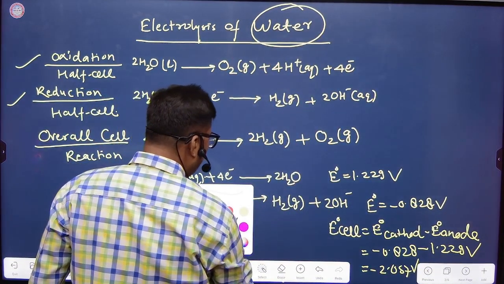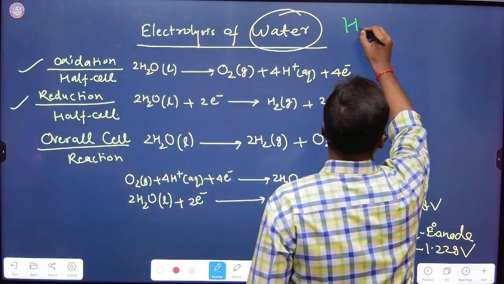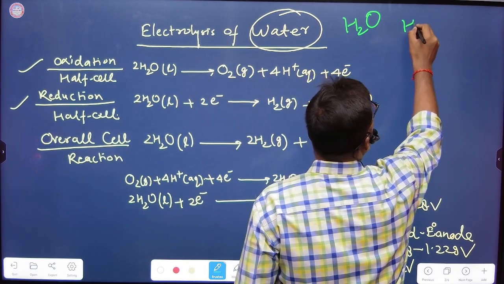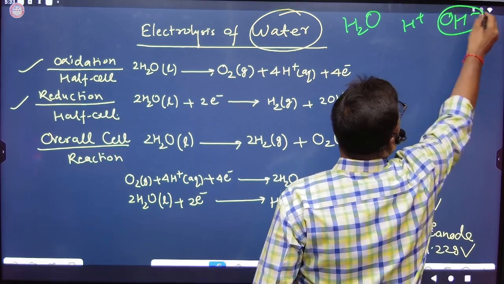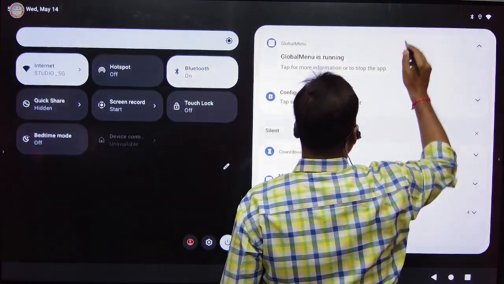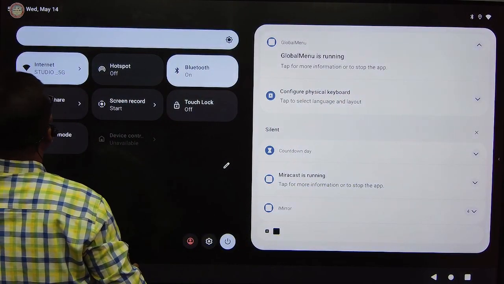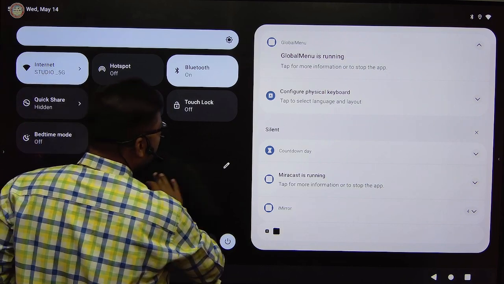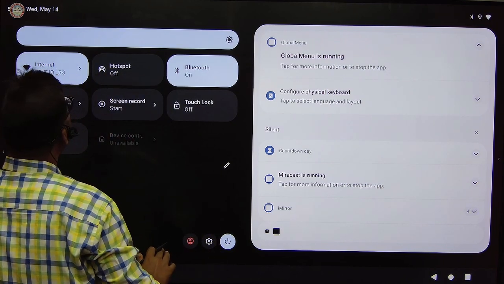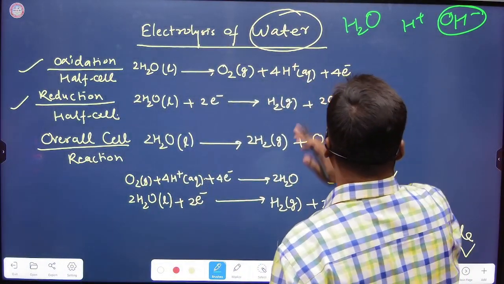Now this water contains H2O, that is H2O means H plus and OH minus, right? So these are the two ions which are present in water, right?